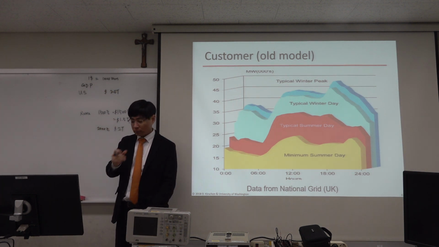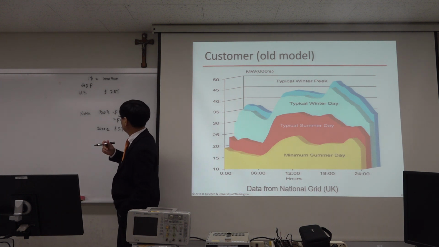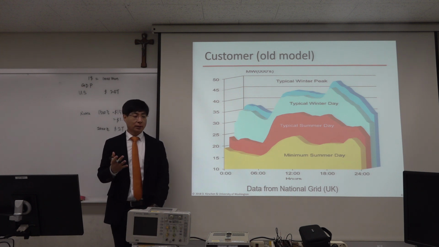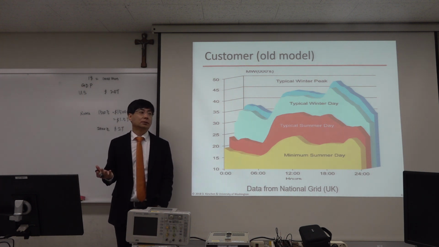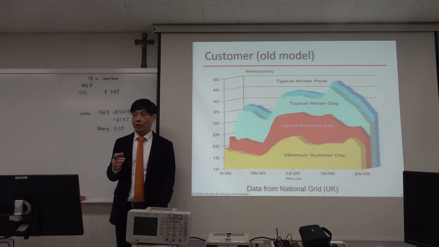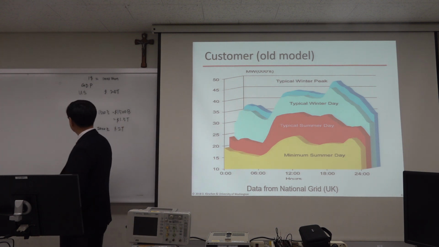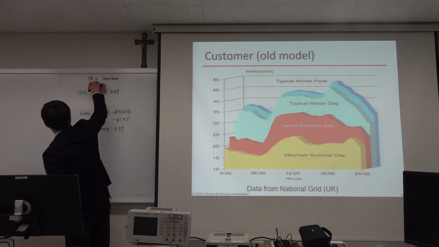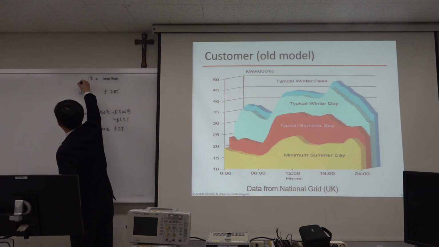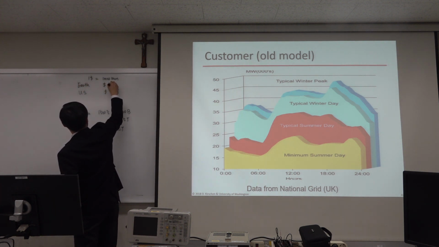Okay. Then what about the total GDP of all nations on Earth? You have no idea? Earth. Roughly $100 trillion.